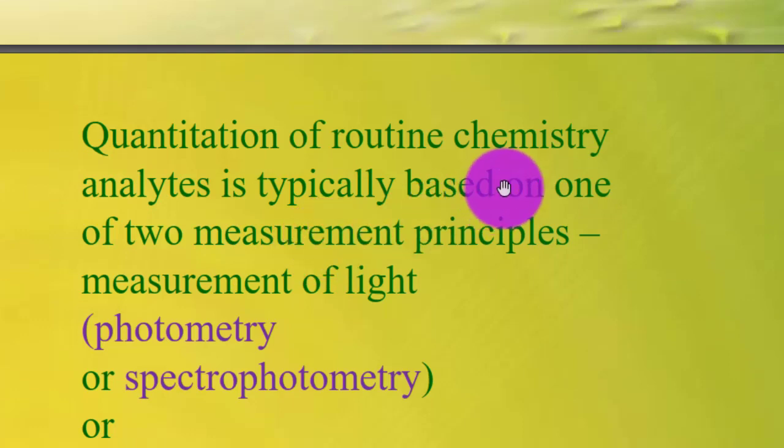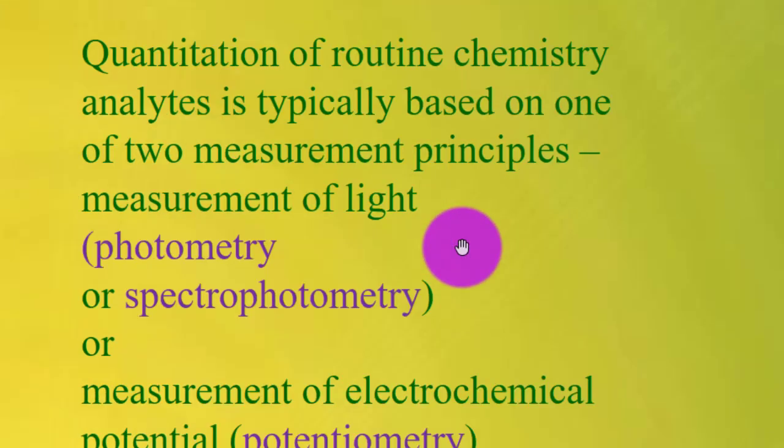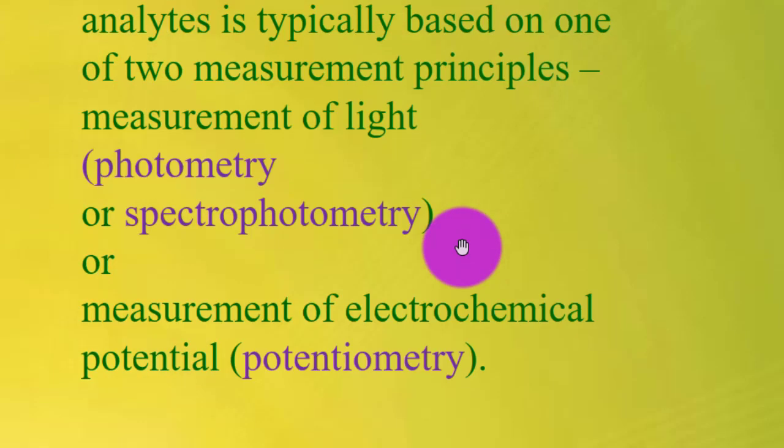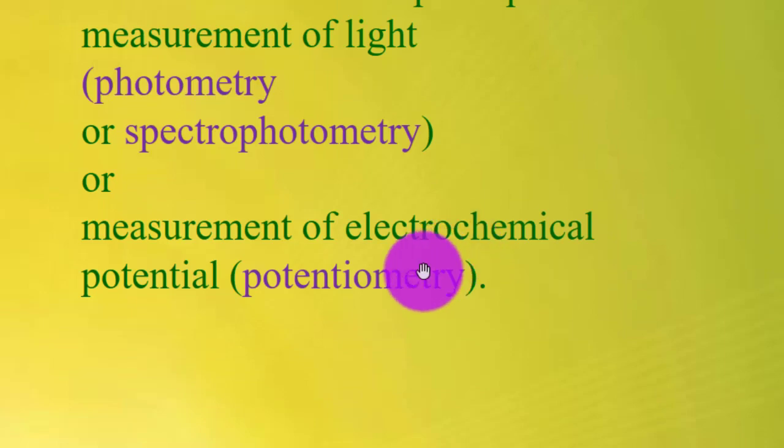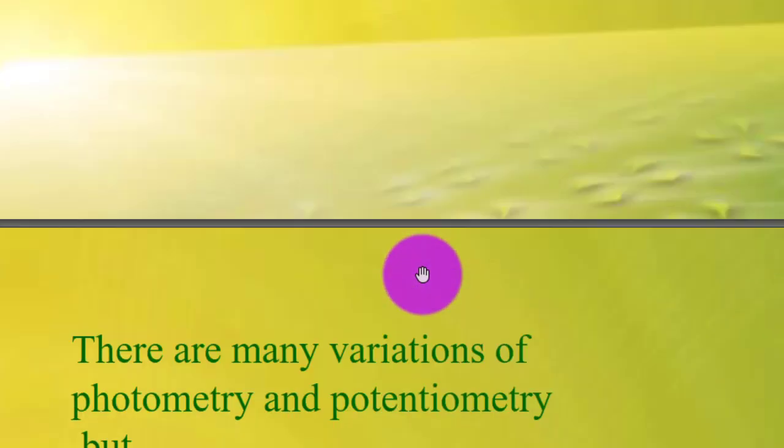Quantitation of routine chemistry analytes is typically based on one of two measurement principles: measurement of light, photometry or spectrophotometry, or measurement of electrochemical potential, potentiometry.